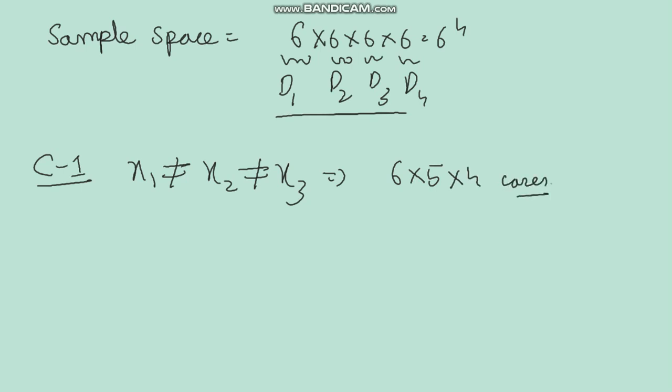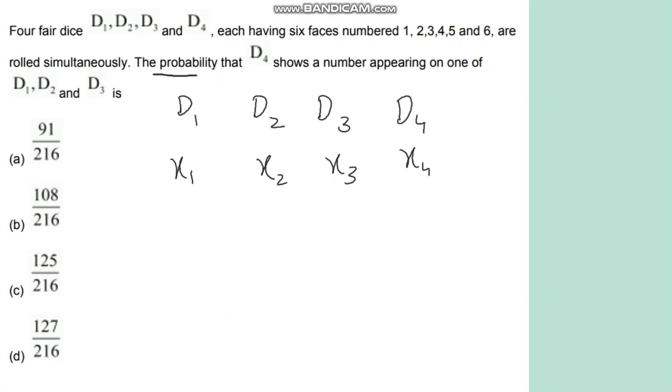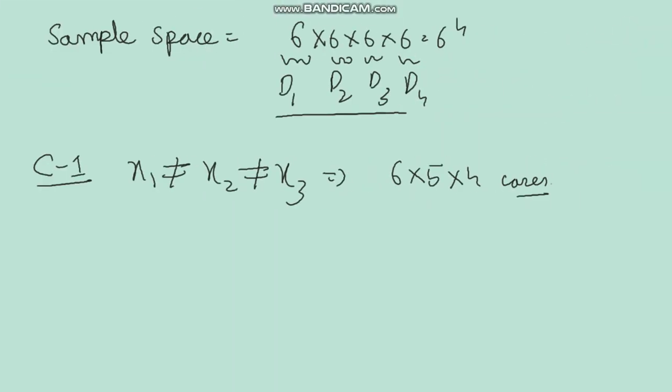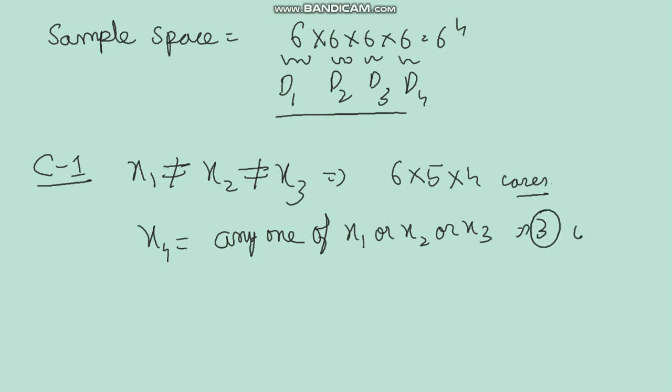Now, in order to satisfy the statement, D4 shows a number appearing on any one of D1, D2 and D3. So x4 is equal to any one of x1 or x2 or x3. So here 3 ways. So case 1, the final thing is 3 into 6 into 5 into 4.